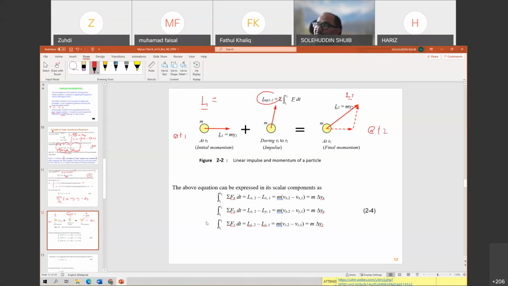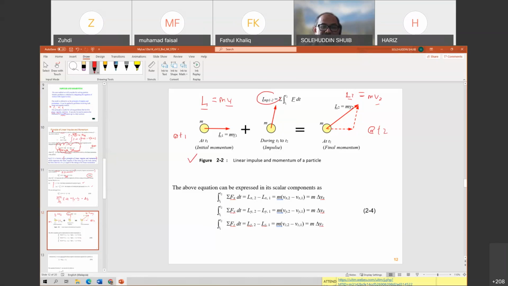You have mv1. For L2, you have mv2. And during the impulse, we have the summation of integral f dt, during T1 to T2. All right, this is about the figure.